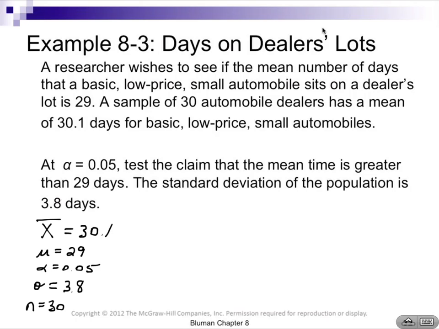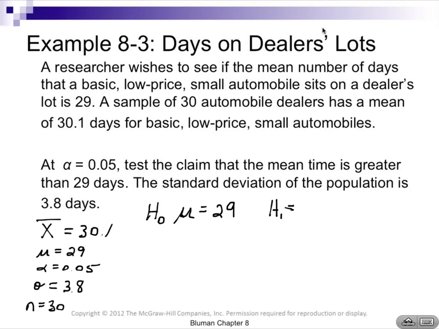Now we need our hypotheses. Our null hypothesis is that mu is equal to 29. And our claim, our alternate hypothesis, let's look for the words. A researcher wishes to see if the mean number of days it sits on a dealer's lot is 29.